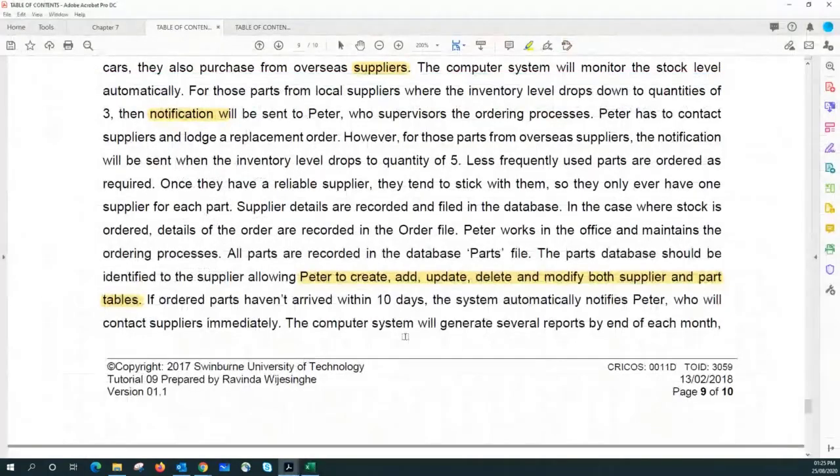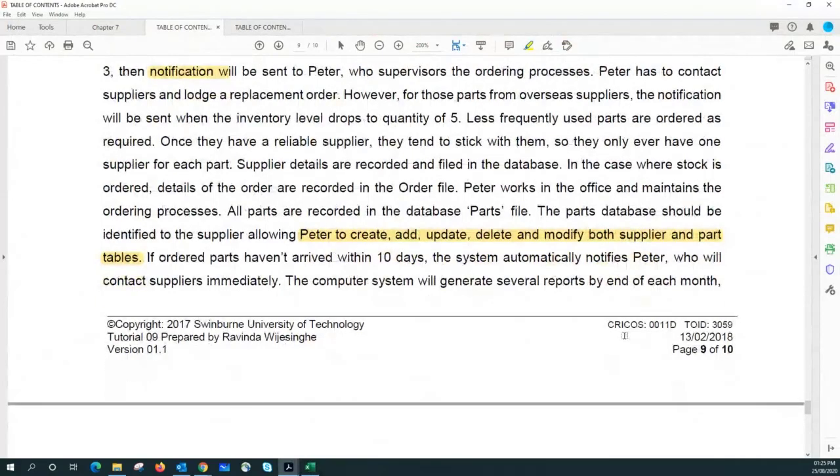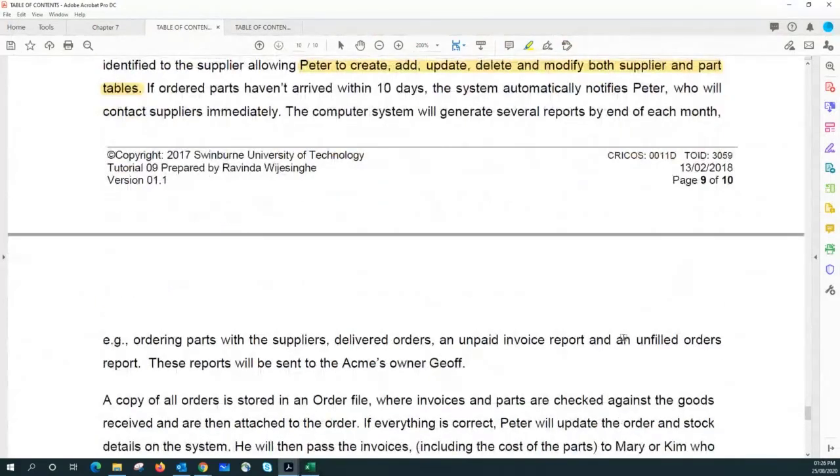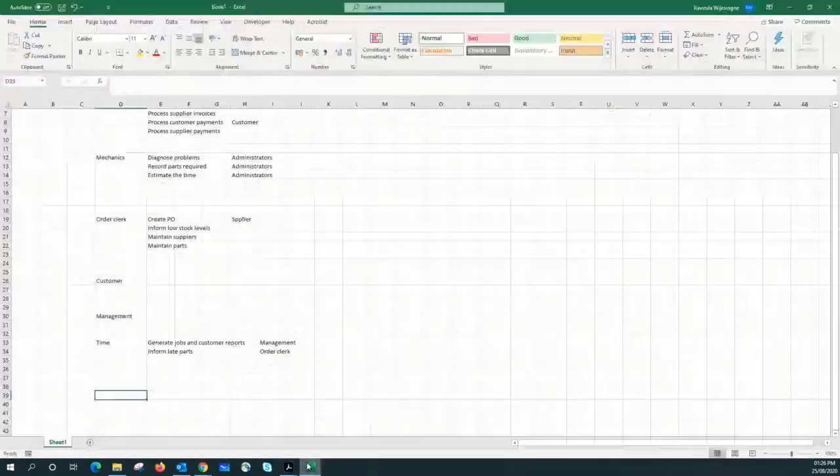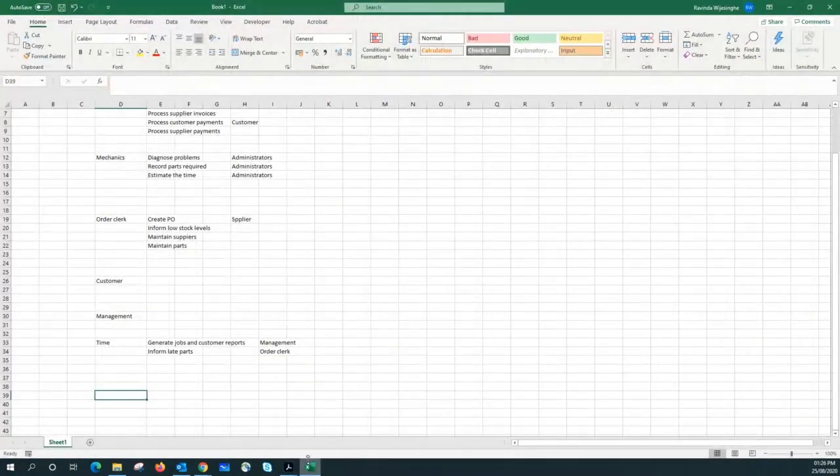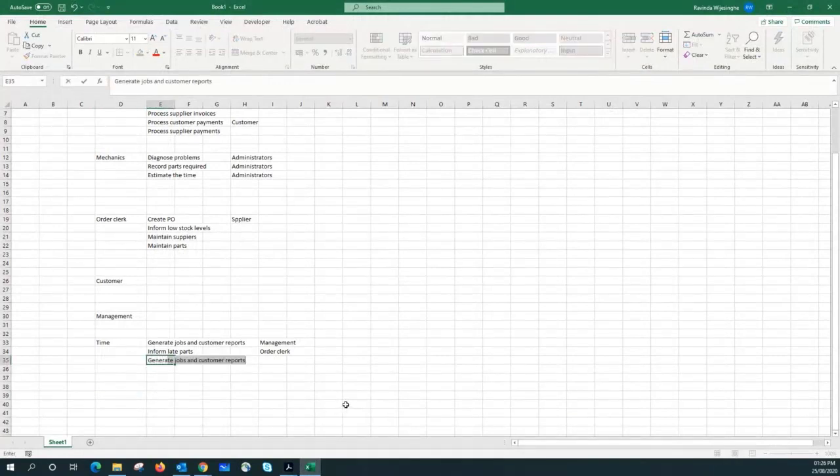Right. The computer system will generate several reports by the end of each month. For example, ordering parts with the suppliers, delivered orders, unpaid invoice reports, and unfilled order reports. These reports will be sent to Acme's owner, Jeff. Right, so let me have another use case to handle that.